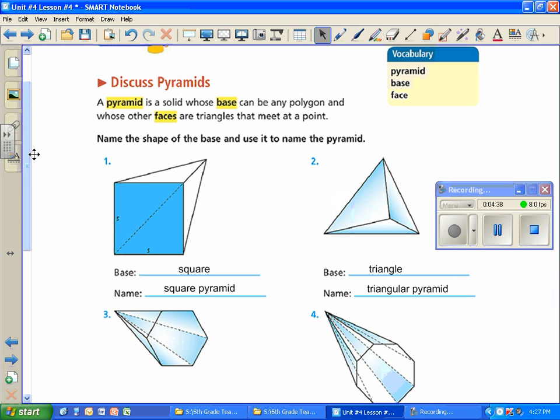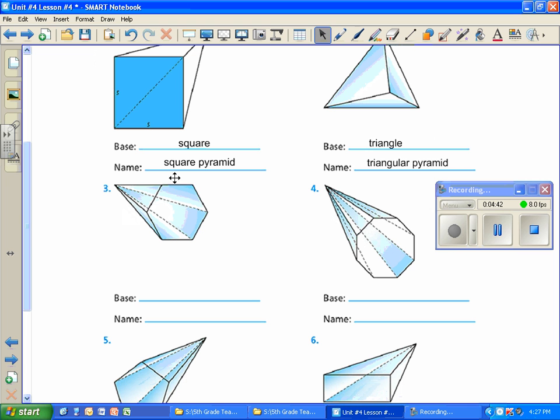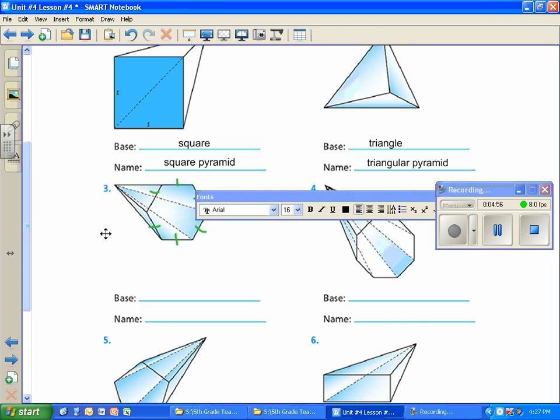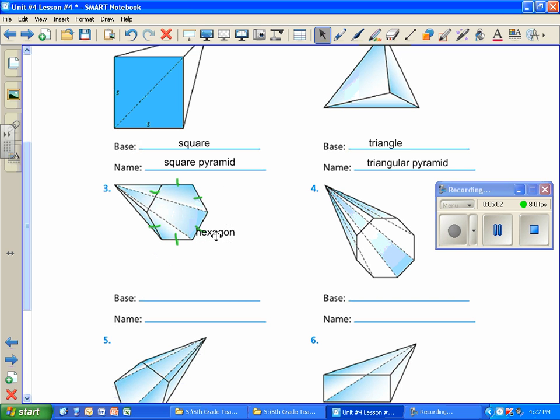Okay, let's move down to number 3. We have the base right here. We're going to count the sides. 1, 2, 3, 4, 5, 6. So, a six-sided figure. That's a hexagon, and it would be called a hexagonal pyramid.